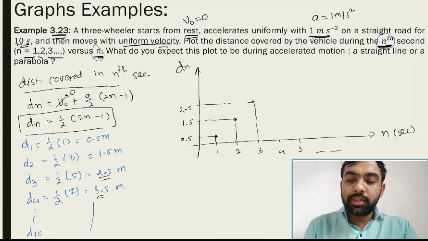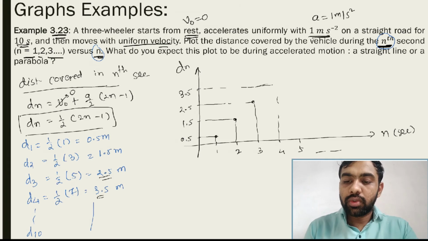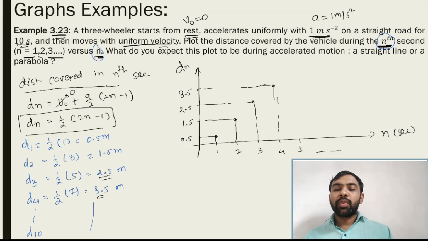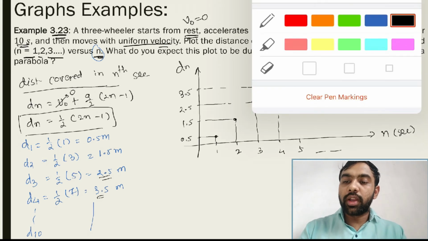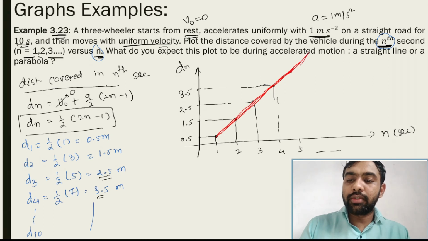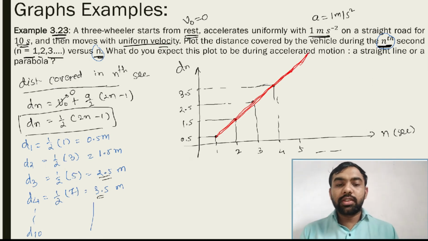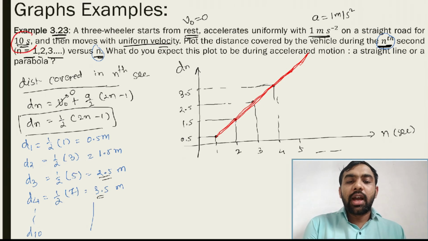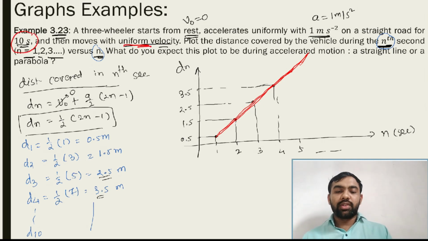Then 3.5, so this is the point. If you join all these points up to 10 seconds, your answer is like this. See, the graph is like this, up to 10 seconds, because this motion is up to 10 seconds. After 10 seconds it moves with a constant velocity.